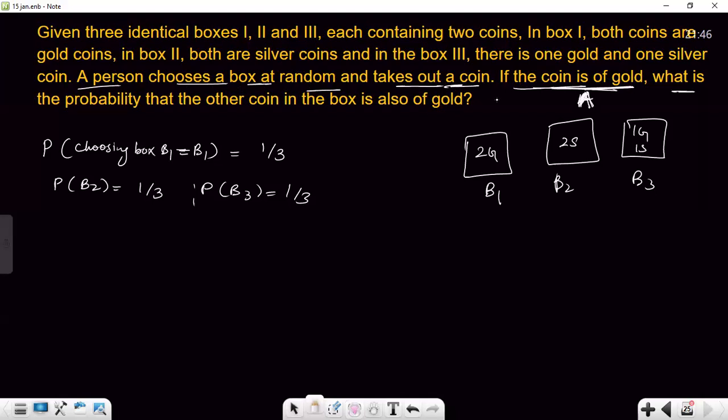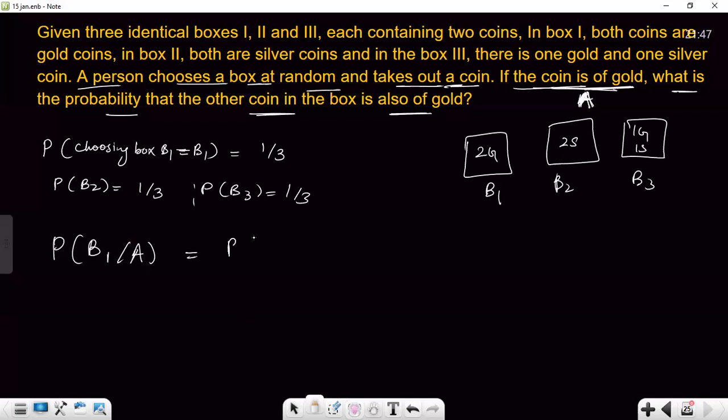Now we have to find the probability that the other coin in the box is also gold. There will be two gold coins only when we choose box B1. So we have to find the probability of box B1 given that a gold coin is drawn.